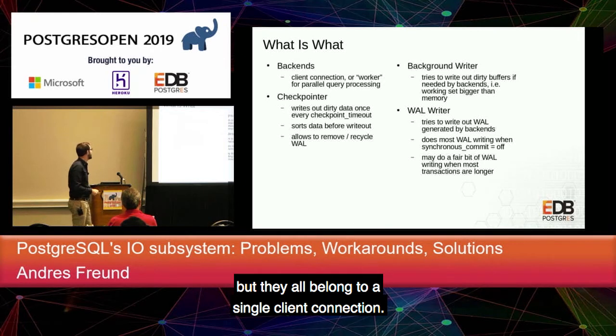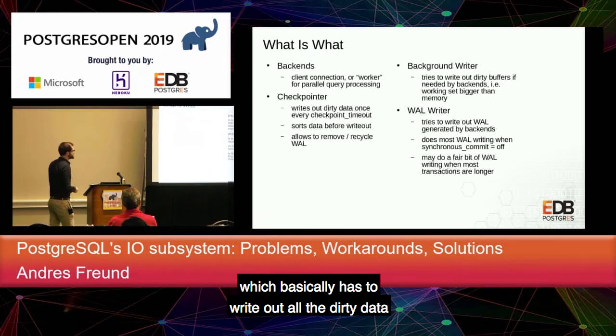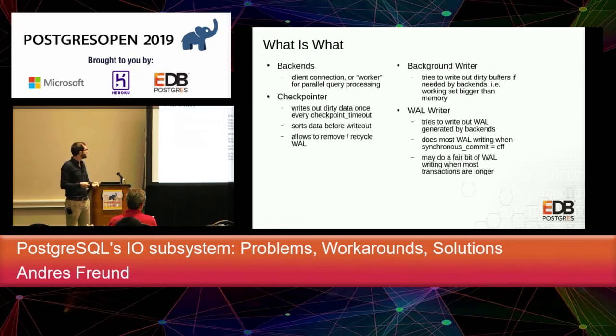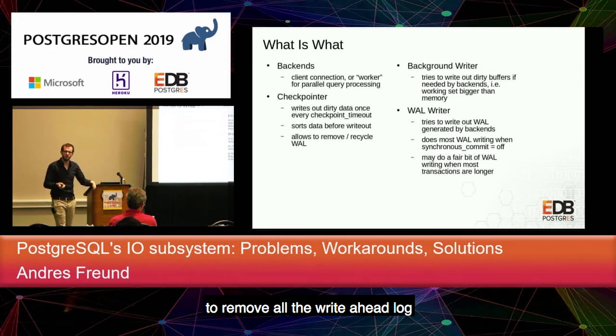There's also the checkpointer, which basically has to write out all the dirty data in the page cache once every checkpoint timeout, because that allows us to remove all the old write-ahead log, and so we can free up disk space.